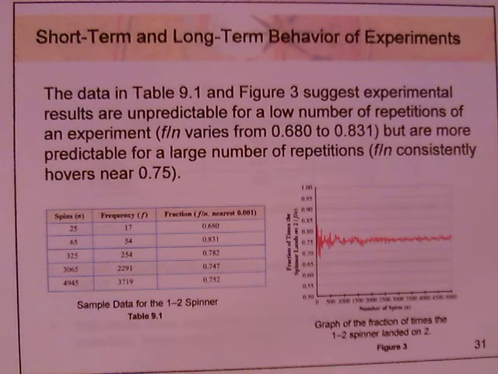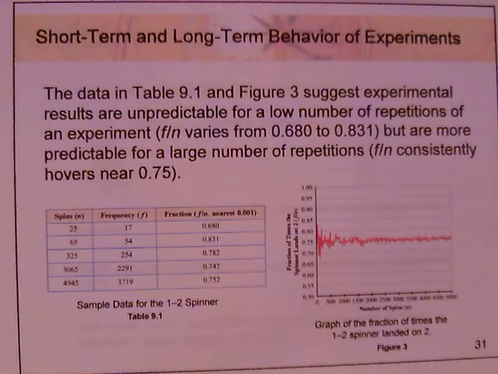The data in table 9.1 and figure 3 suggests experimental results are unpredictable for a low number of repetitions of an experiment. That's F divided by N, that varies from 0.680 to 0.831, but are more predictable for a large number of repetitions. F divided by N consistently hovers near 0.75.